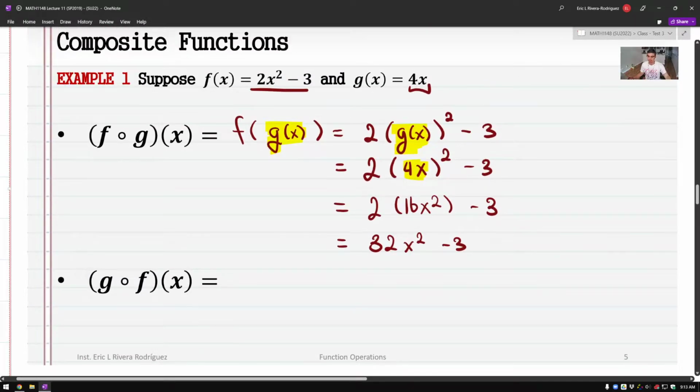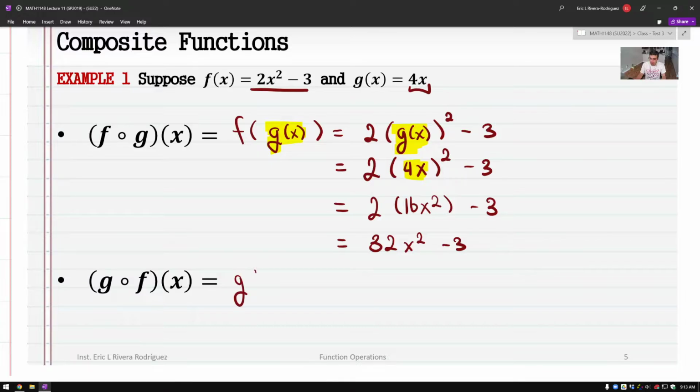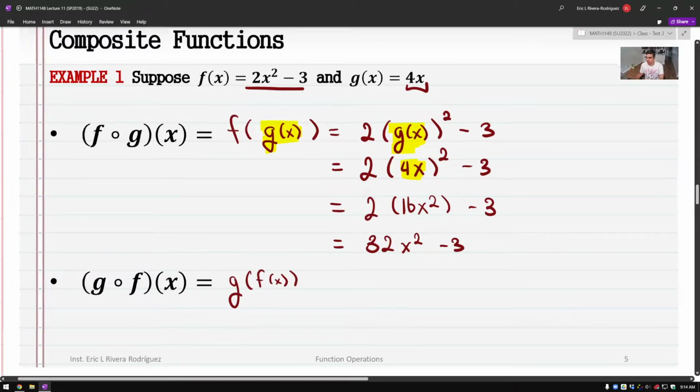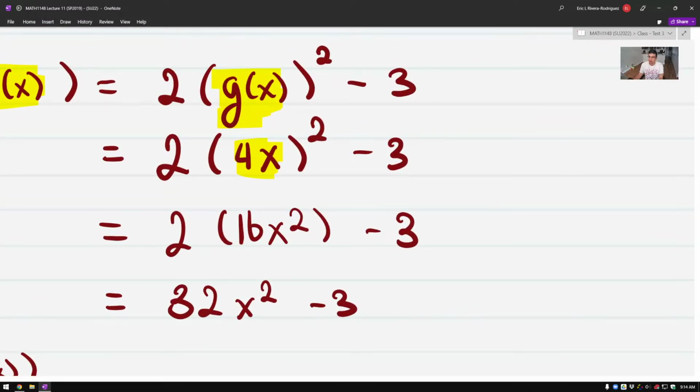Okay, let's do the other one. Yeah, let's go back. Which step?